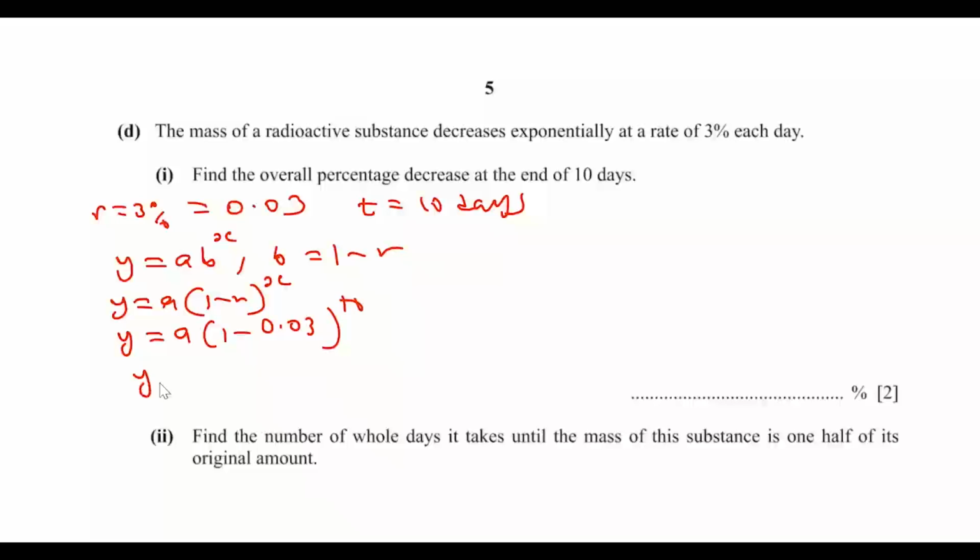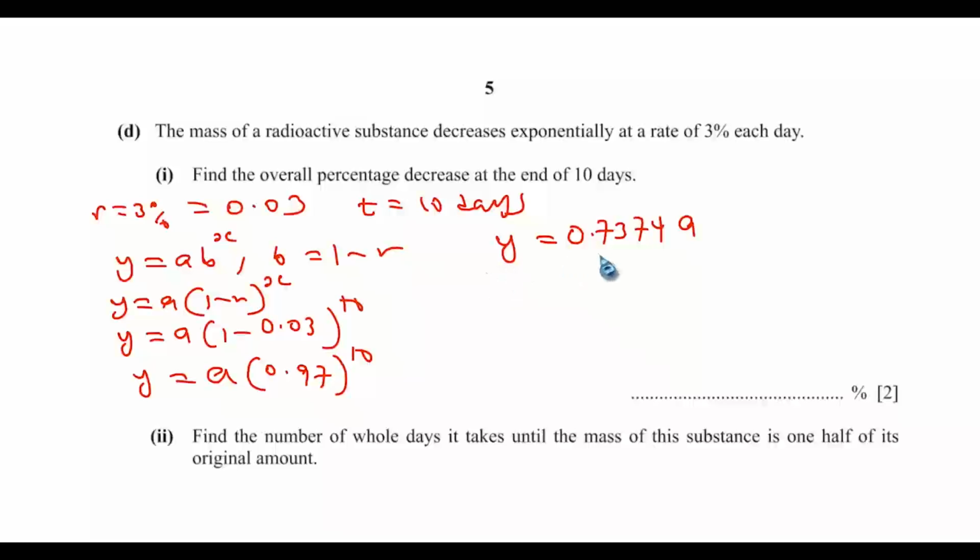So this will give us y equals a times 0.97 to the power of 10, and this will give us y equals 0.7374a.